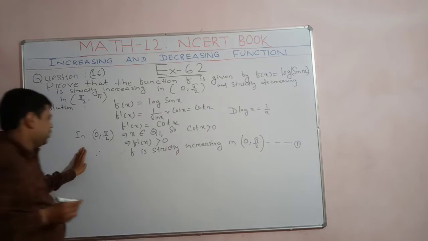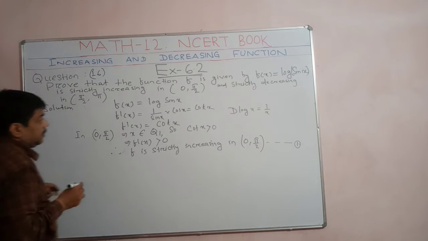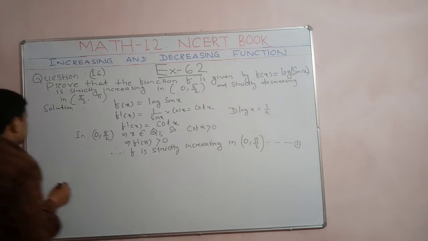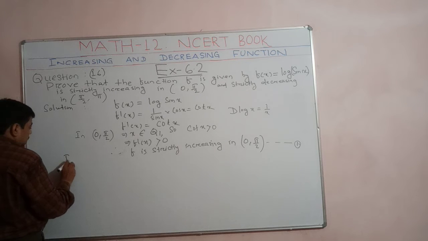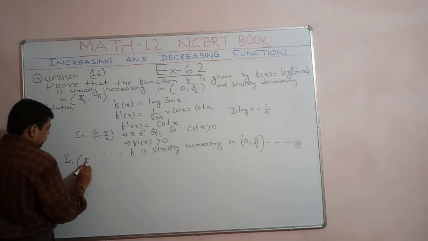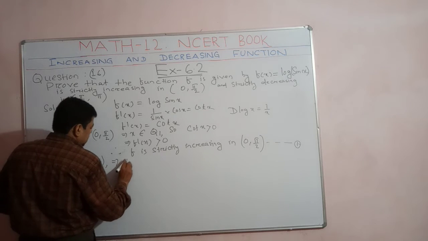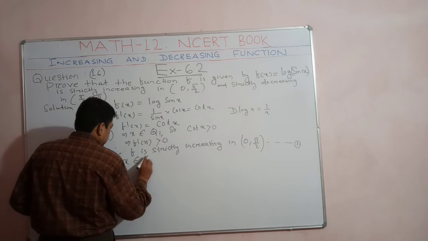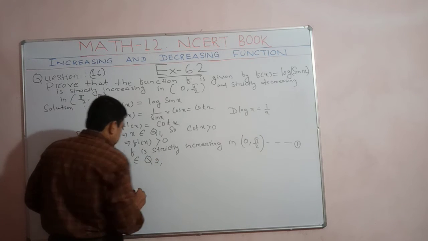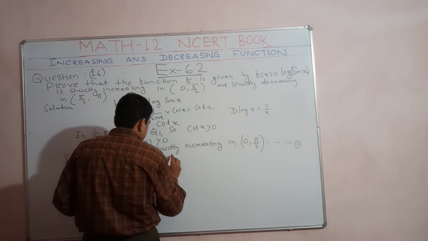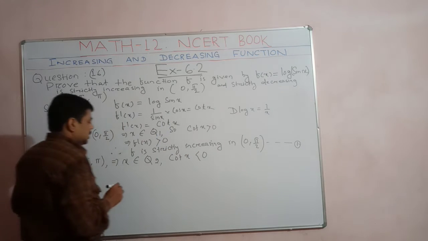Let us come to the second point. In the second point, you have to check that the function f is strictly decreasing in the interval pi by 2 to pi. Understand? It means in the interval pi by 2 to pi, the angle x lies in the second quadrant. In the second quadrant, we know that cot x is less than 0.